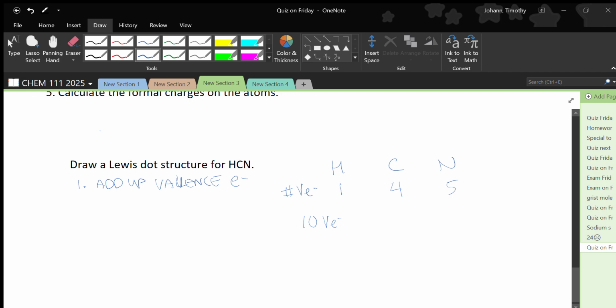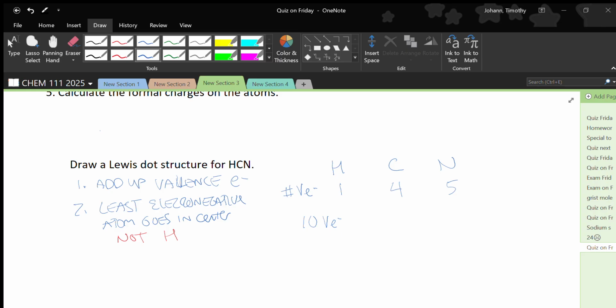All right, second rule. Least electronegative atom goes in the center. Okay, not hydrogen. All right, which one goes in the center then?